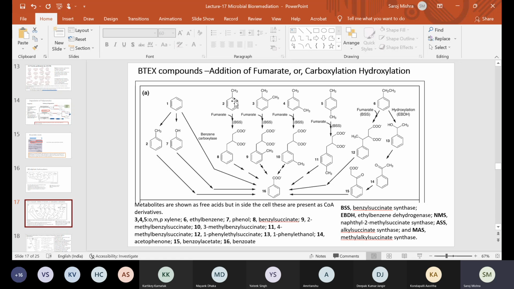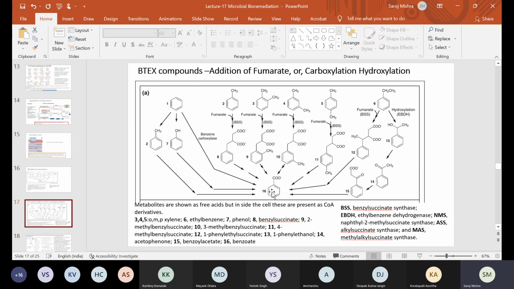Or for example, this is at position number 2, of course, this is your toluene, but this is xylene, which has 2 methyl groups. So 3, 4, and 5. 3 is orthoxylene, and then you have meta, and you have paraxylene. So in all these cases, you are adding basically fumarate to them. This is what I want you to understand, that you are adding fumarate to all of them, and they are getting converted into benzoic acid.